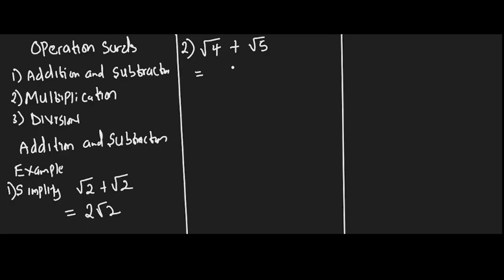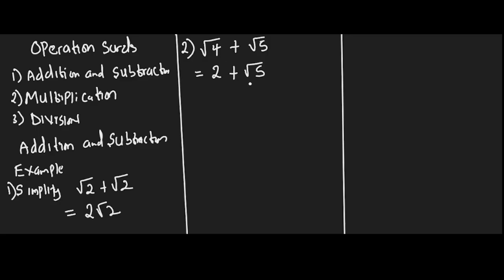We check the condition for similar, so they are not similar. So we cannot add up like in the first example. Then check root 4. Root 4 is not in basic form. That means you can write this to be in basic form. You agree that root 4 is the same thing as 2, plus root 5. Now, can we proceed further? No, we cannot proceed further. Why? Because this is a whole number and this is a surd. You cannot add them together.